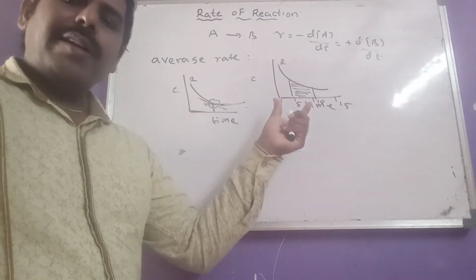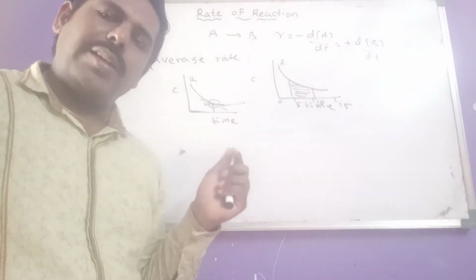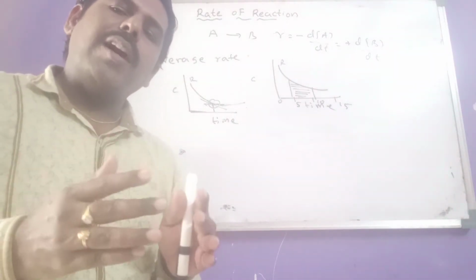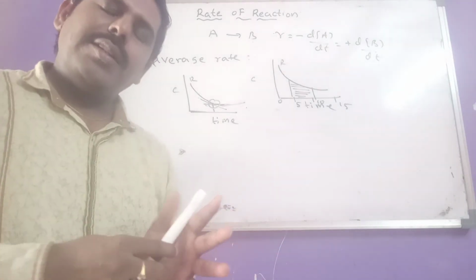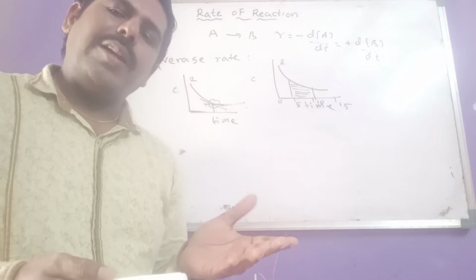Now, the average rate and instantaneous rate of a reaction may or may not be equal. Sometimes they may be equal and sometimes they may not.